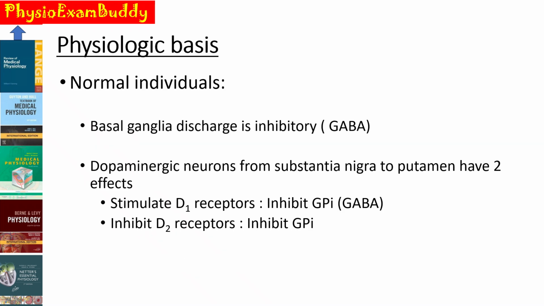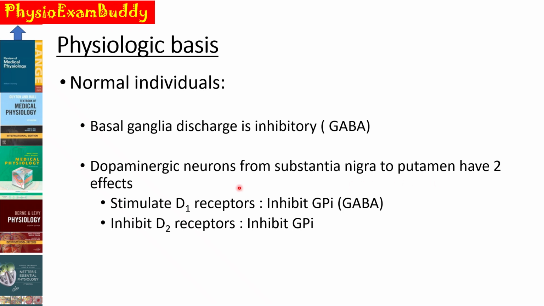Now about the physiological basis of the symptoms in Parkinson's disease. You all know that in normal individuals, the basal ganglia discharge is basically inhibitory because of the presence of the neurotransmitter GABA. And these dopaminergic neurons from the pars compacta region of the substantia nigra to the putamen have mainly two effects.